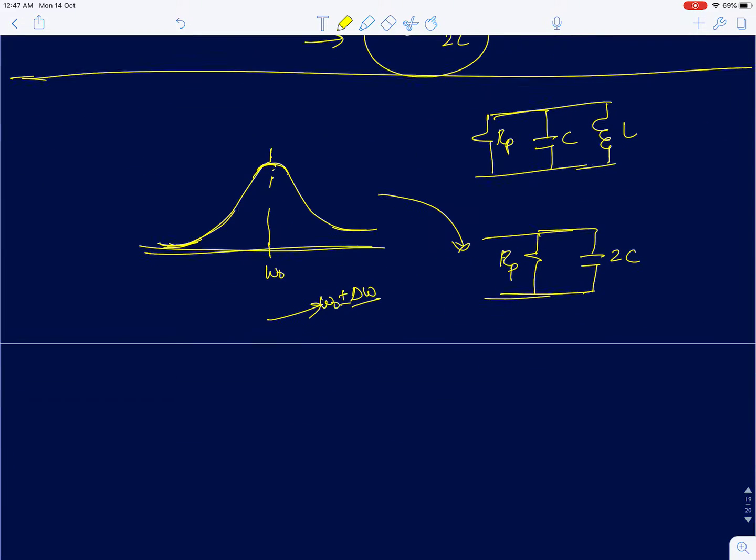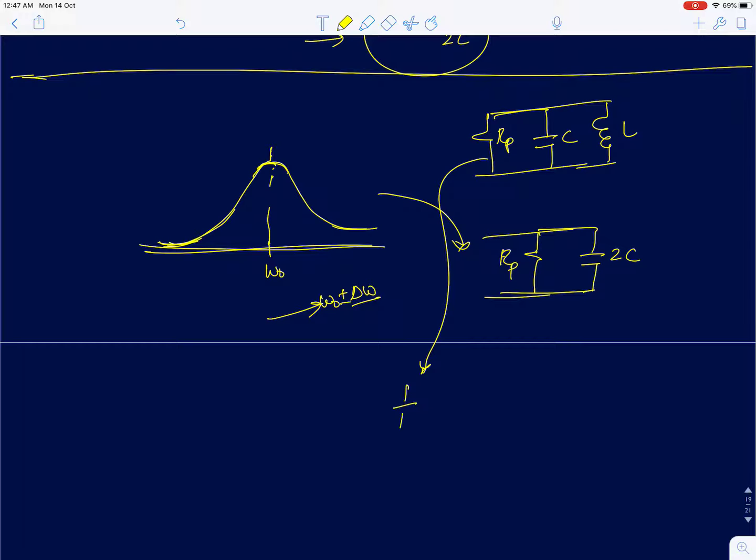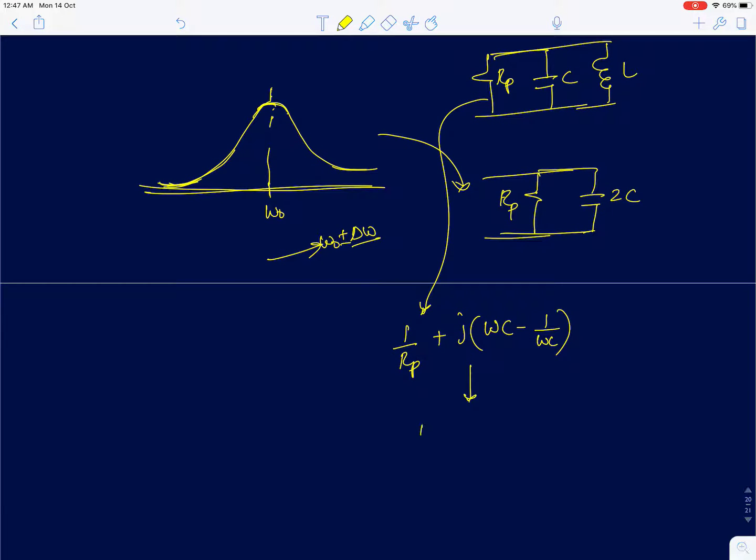Again, this can be very easily shown. If I take the admittance of this network, it will be 1 by R plus j into omega C minus 1 by omega L. From that, we can very easily show that this will reduce to 1 by RP plus minus j into delta omega into 2C.